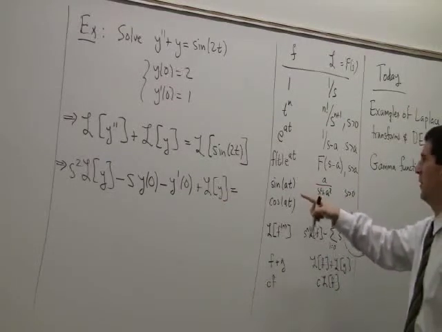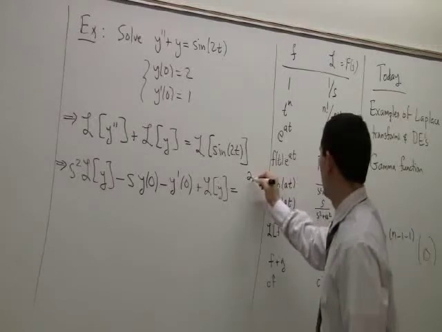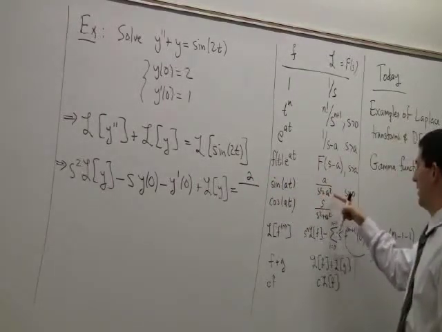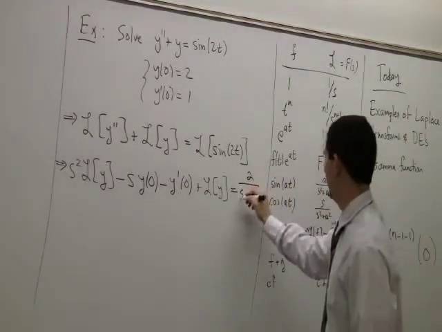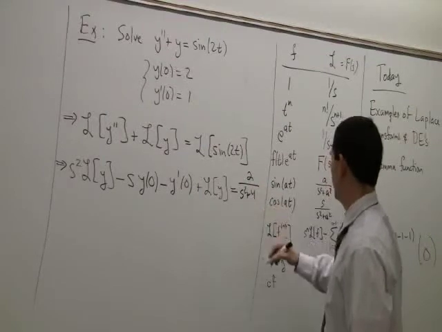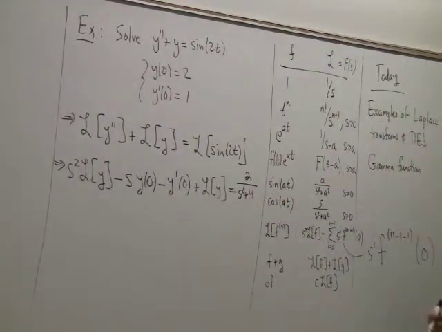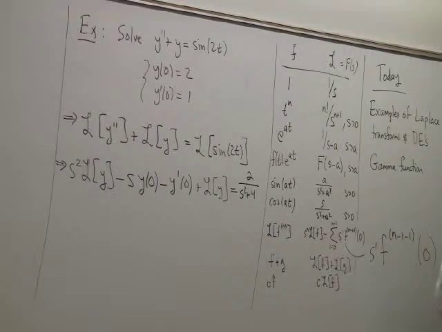A is 2 over s squared plus 2 squared. So s squared plus 4. Kylie? Just want to verify that the s squared really means s squared, not the second derivative. If it's going to be a derivative, I put parentheses around the exponent.